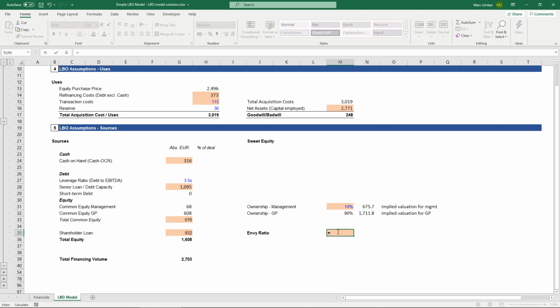And this gives us the NV ratio for the management of 2.53.